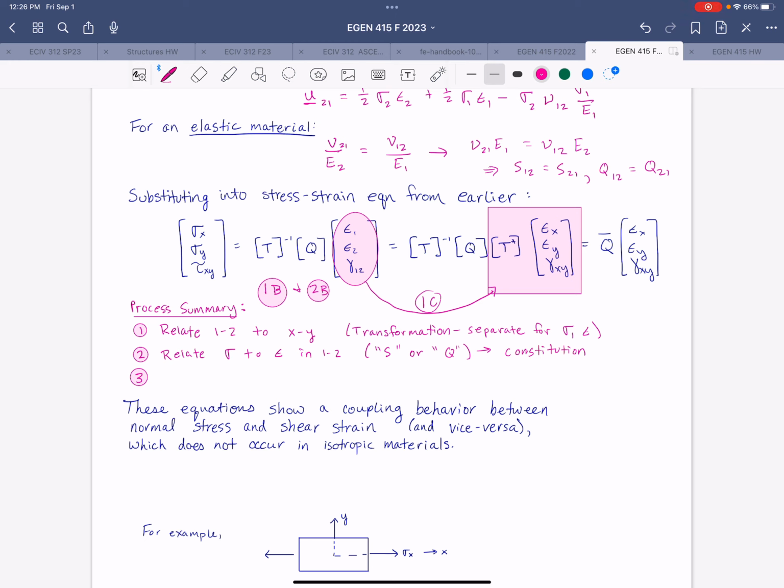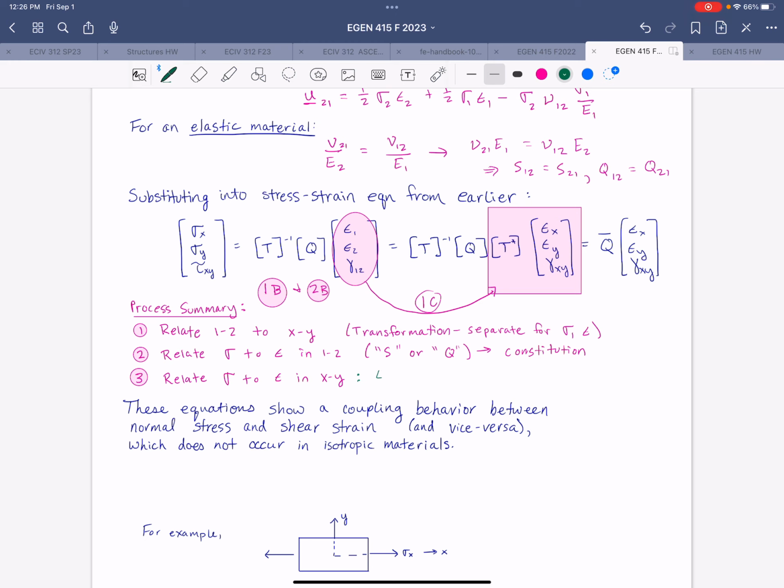And then the last step would be to relate the stresses to the strains in XY. So really, you could switch up the order of the first and second phases, of course, but the last phase can't be done until the other two are complete.